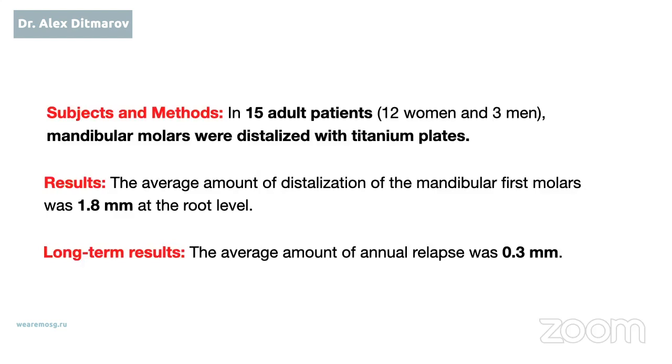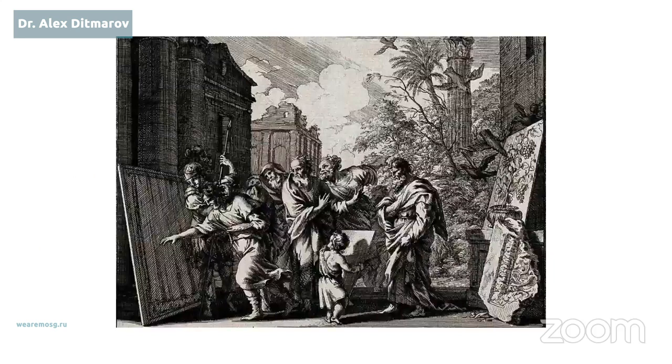So that's it. And I want to finish my talk today with a parable about two ancient Greek painters, Zeuxis and Parrhasius. As the story goes, once these two painters contested who was the greatest realist painter of the time.